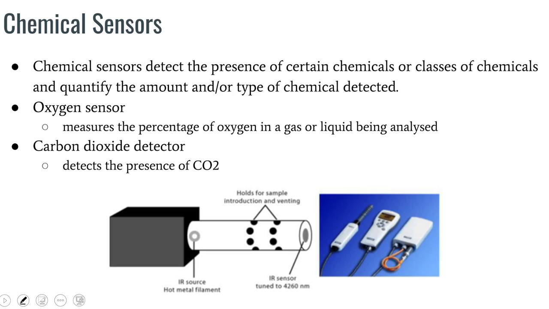Carbon dioxide sensors, again detecting the level of carbon dioxide, or even things like, say, carbon monoxide CO sensors. Given carbon monoxide is a poisonous gas, detecting the presence of that in an environment that is being used by humans is a useful application. So again, you may have such things as well.